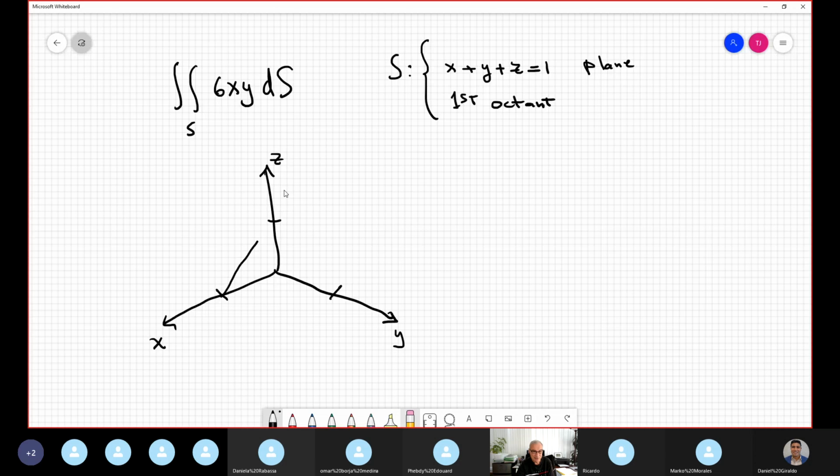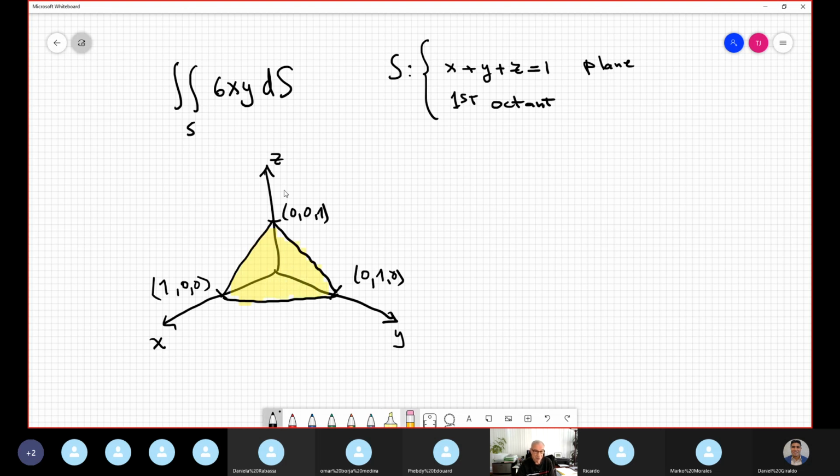This is my plane, or at least the part that lies in the first octant. This point is 1, 0, 0. This is the point 0, 1, 0. And this is the point 0, 0, 1, because you consider two variables 0, the other is 1. So this is my surface.